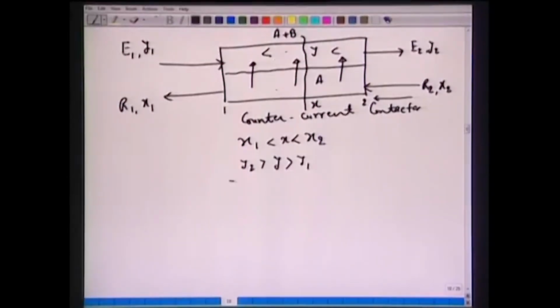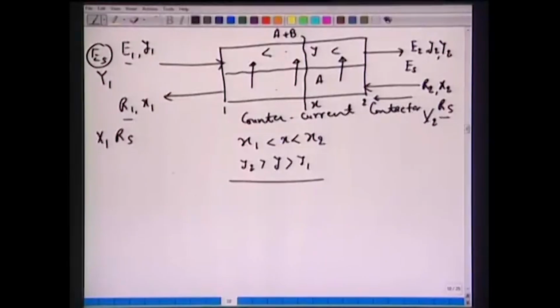Now we can also make material balance the way we did it earlier. We can write similar to this E1 and R1, we can define RS and ES. We can also define capital Y and capital X. Good. So if we work on these solute-free basis quantities, we have capital X1, capital Y1, we have capital X2 and capital Y2. Since ES will be constant here, we have ES, we have RS here.